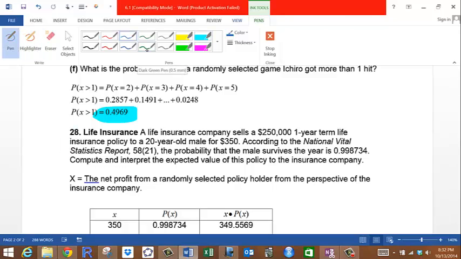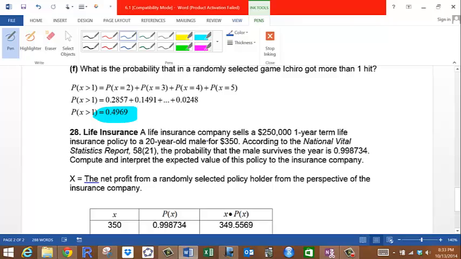All right. So now that we've done this kind of problem where the distribution is given, let's look at one where it's not given. These are kind of interesting because they deal with actuarial science, which actuaries do probability and statistics for insurance companies. So an insurance company sells a $250,000 1-year term life insurance policy to a 20-year-old male for $350.